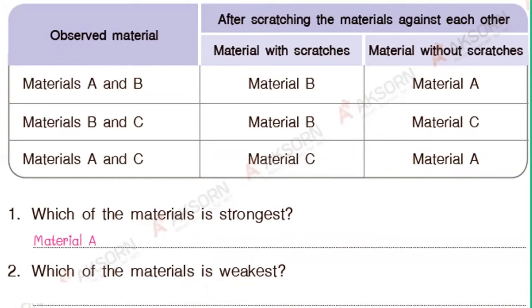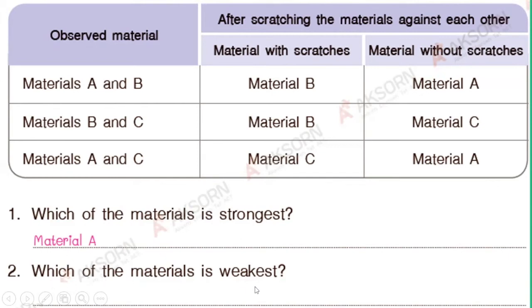We know material A is the strongest, because material A left scratches on material C and on material B, so A is the hardest.